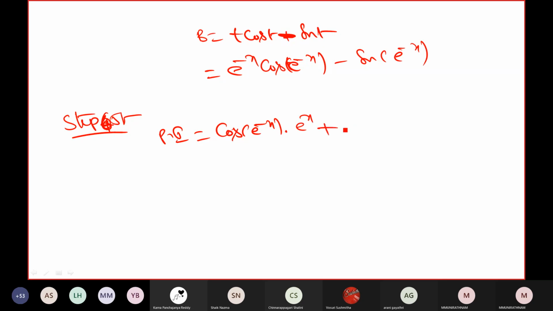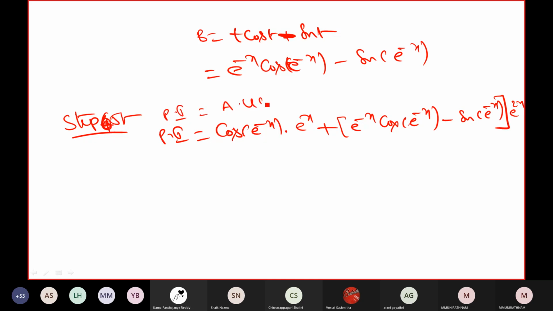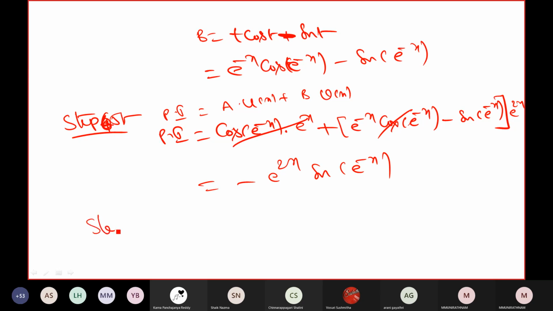So this is e power minus x cos of e power minus x minus sin of e power minus x. V is e power 2x. PI is A into U of x plus B into V of x. When we multiply with e power 2x, this will be cancelled, giving minus e power 2x into sin of e power minus x. So that's our PI.